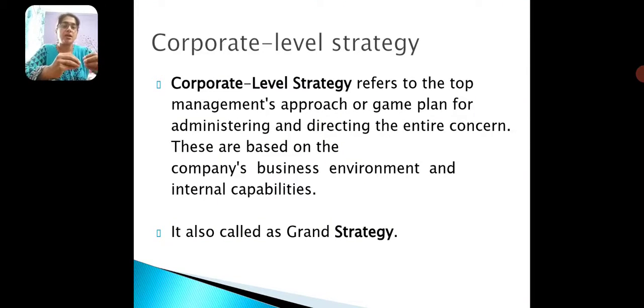And before they make these strategies, they have to do a thorough analysis of the environment, all the internal and external environment, political, social, cultural, technological, all those environment analyses, and then a thorough analysis of their internal environment and their capabilities.